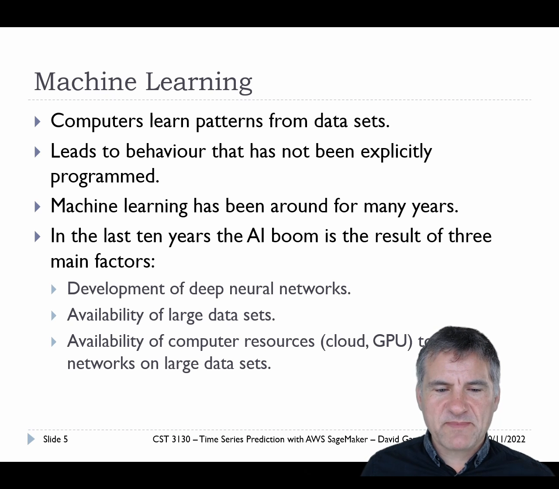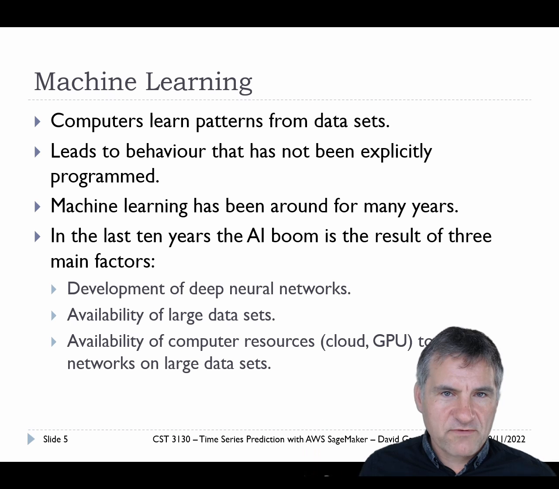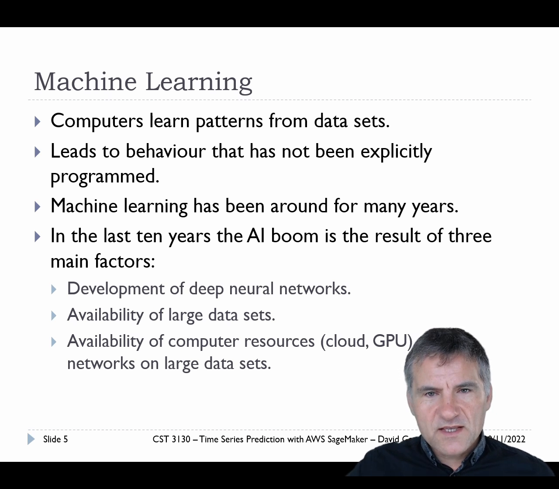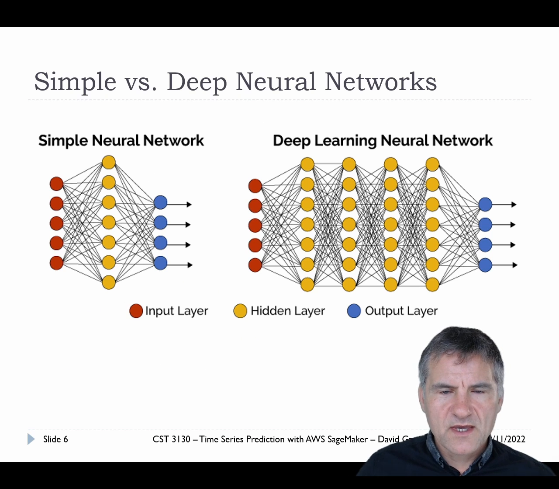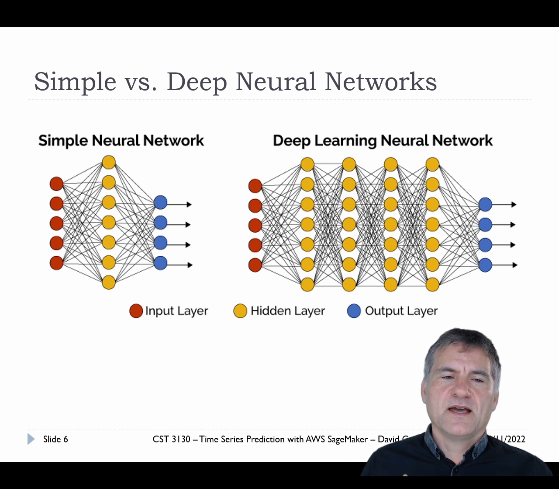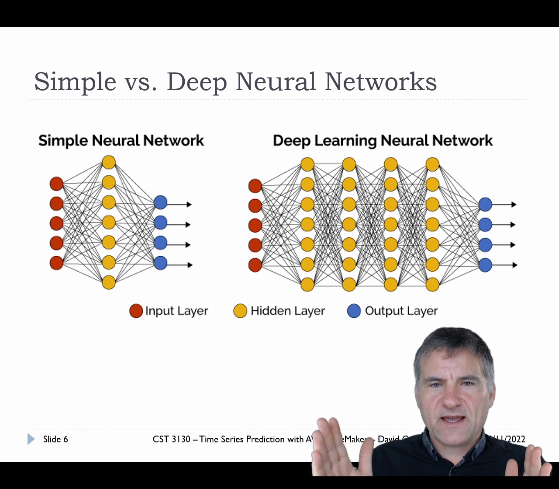The AI boom's also been fueled by the availability of computer resources to do all this training, partly through cloud resources, but also through GPUs, which enable much larger models to be trained with larger data sets, yeah? So this has led to these breakthroughs in face recognition, object detection, this kind of thing, yeah? So, back in the day, people often used what's called simple neural networks, where you had an input layer, a hidden layer, and then an output layer.